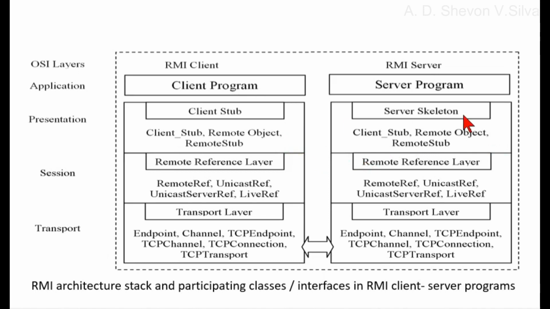Stub skeleton layer. RMI uses the proxy design pattern at this layer. Using the proxy design pattern, an object in one context is represented by another proxy in a separate context. A stub is a client-side proxy for the remote service object. The server-side proxy is known as the skeleton.